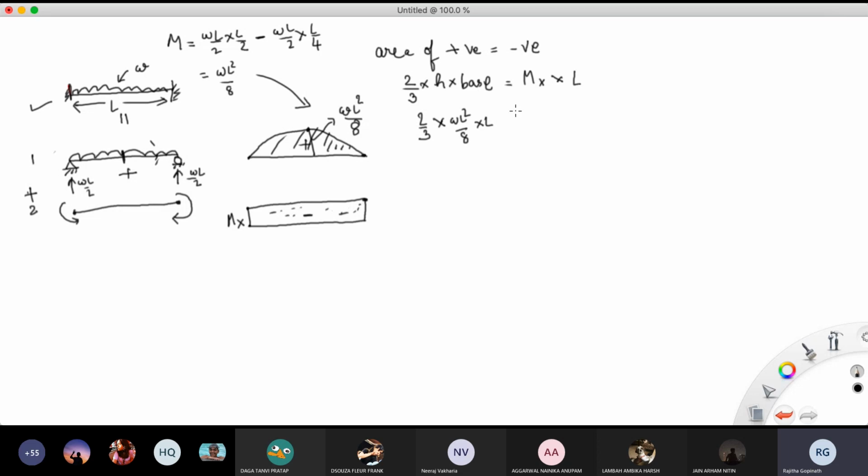Now this is equal to Mx by L. So if I do whatever calculation I need to do, तो मुझे मिलता है Mx is equal to WL square by 12, right? WL square by 12. Okay. Now if I overlay this one on top of this one here, so I get it like this.